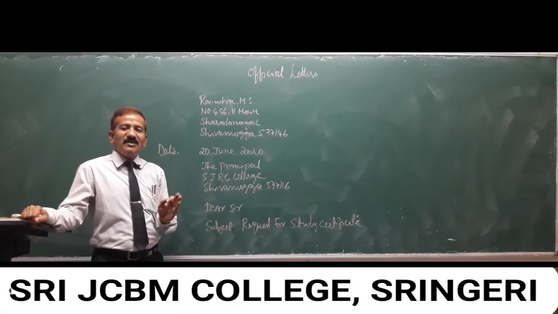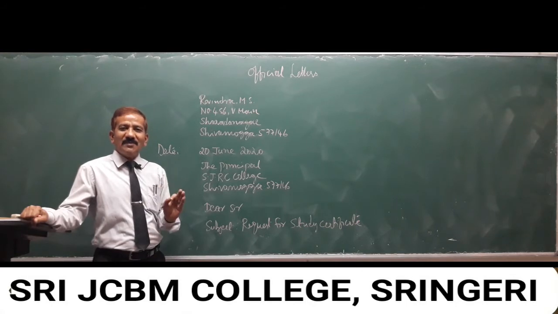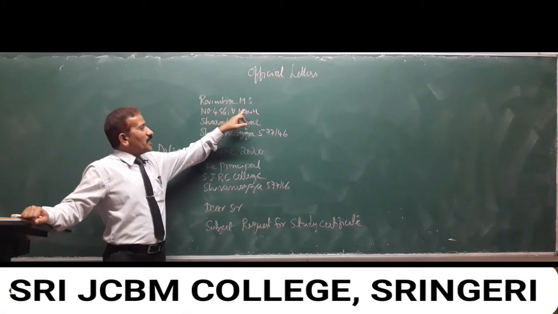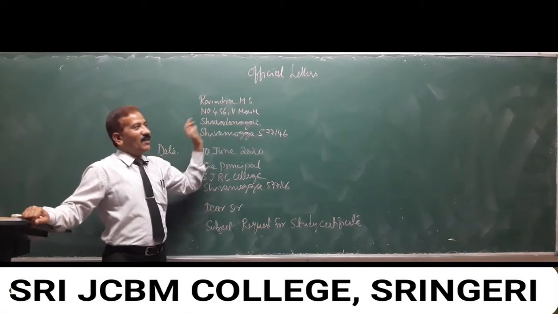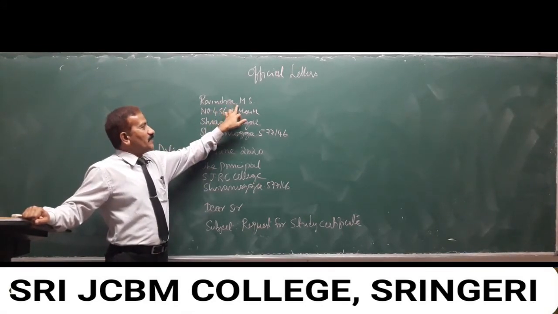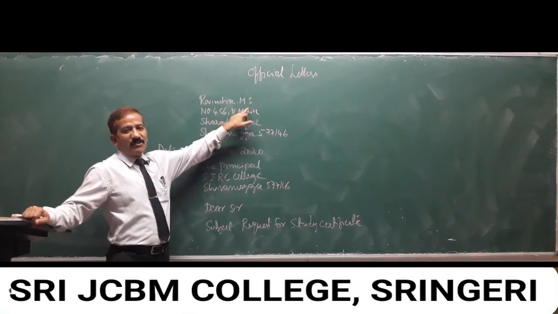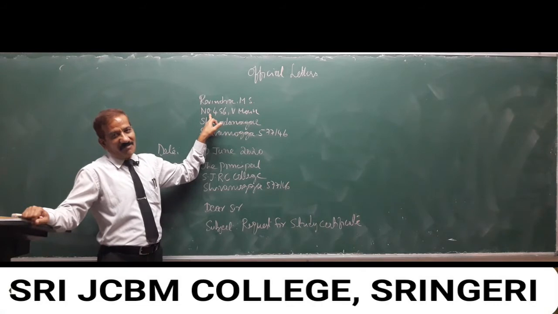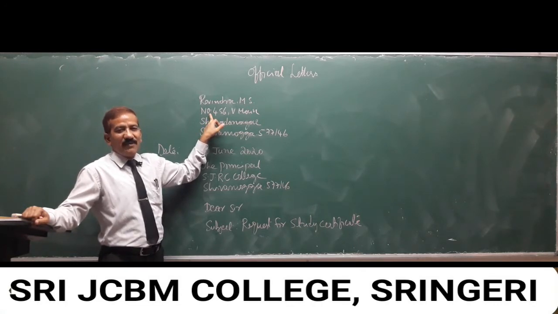Almost all modern day letters are open punctuation letters. You need not use any comma or full stop here. After each line, see Ravindra, you need not use any full stop or comma, even after the number, because it's a short form. Only for abbreviated words or short forms do you have to use punctuation.